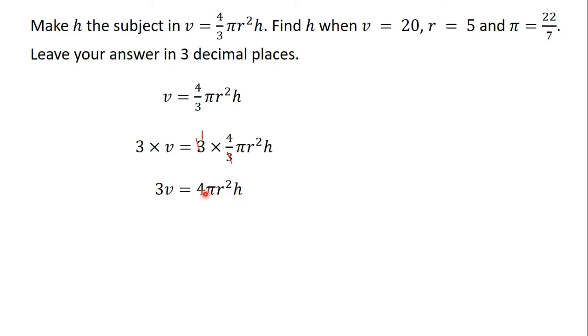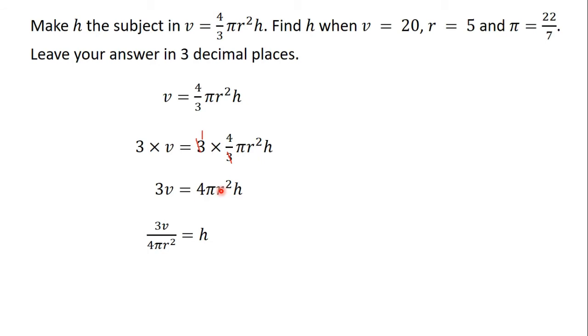The other variables that are attached to h are 4 pi r squared. So 4, pi, and r squared are the other variables or numbers attached to h. So we divide each term by those numbers and variables so that you can make h stand alone.